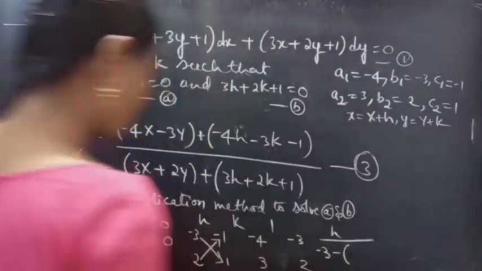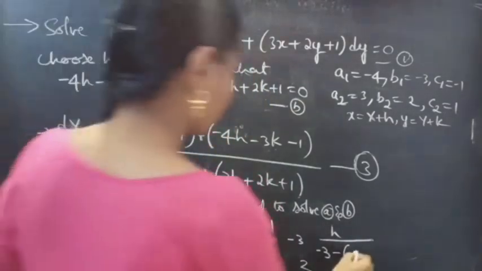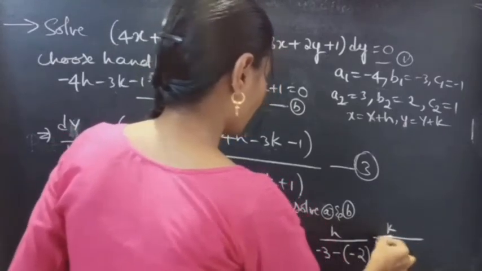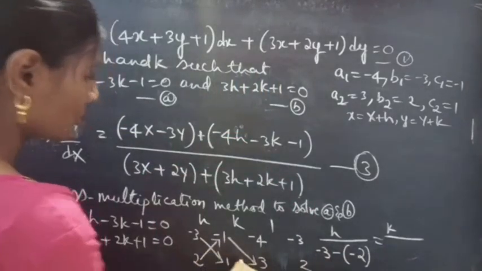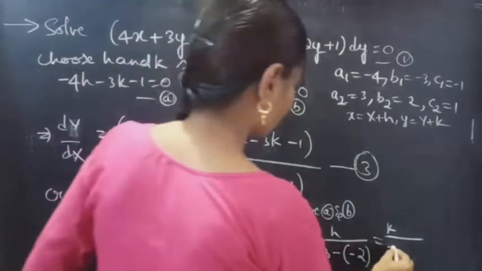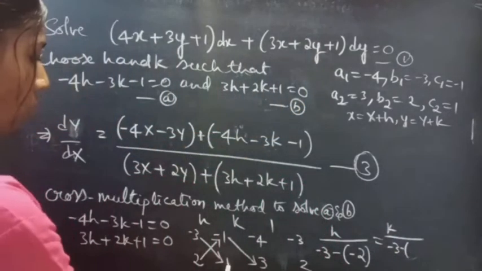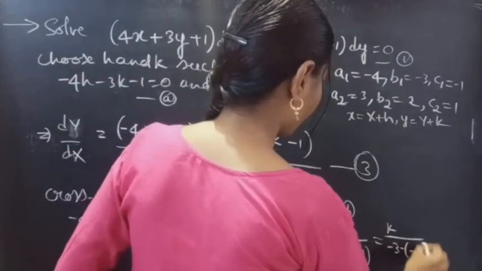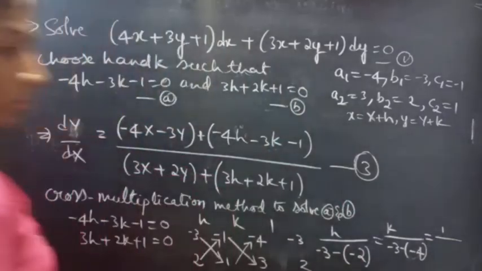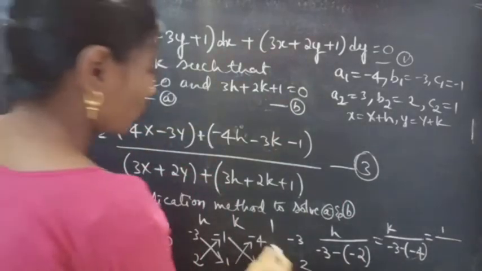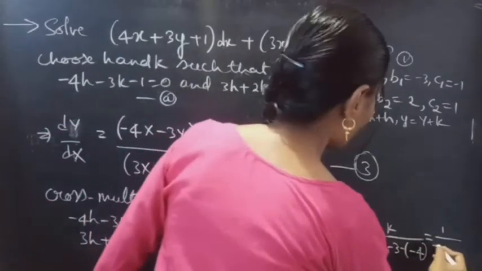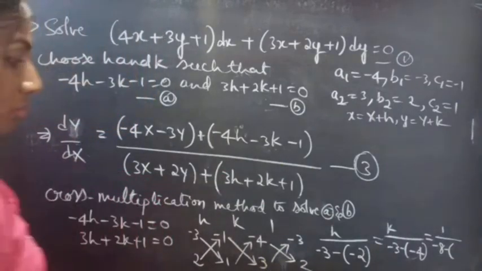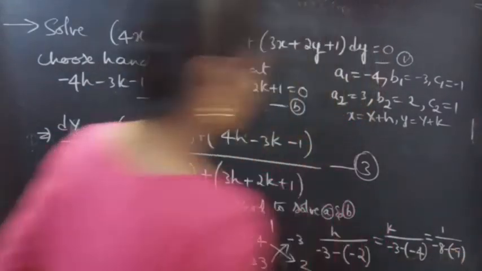Minus 2 into minus 1 is minus 2, equals k by minus 1 into 3 minus 3 into 1, minus of 1 into minus 4. 1 into minus 4 is minus 4, equals 1 by minus 4 into 2 is minus 8, minus of 3 into minus 3 is minus 9. Right?